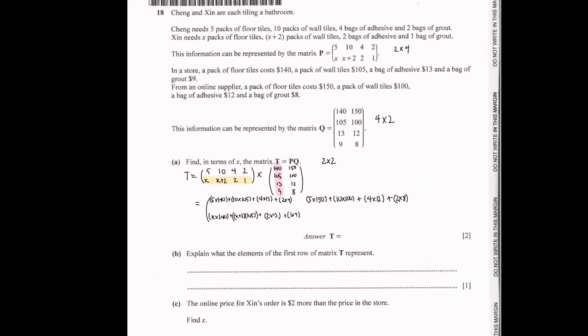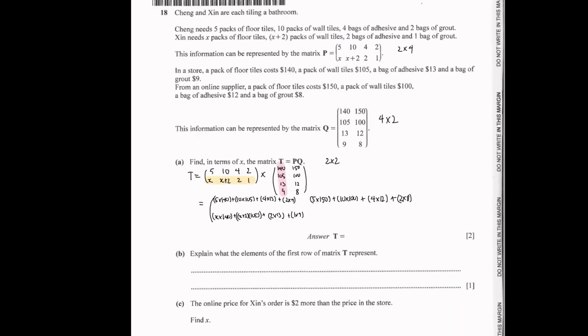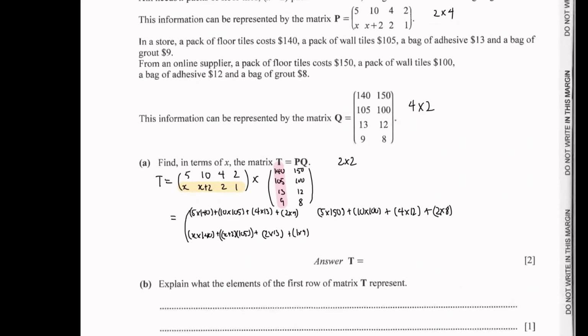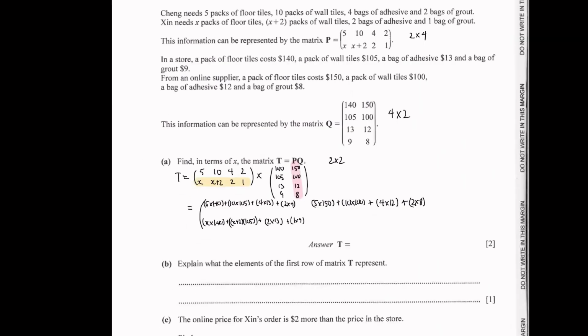And now for our final element on the bottom right, we are going to multiply the second row of the first matrix and the second column of the second matrix.